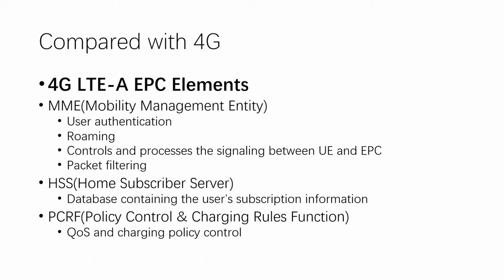The other components within the LTE 4G network are the MME, Mobility Management Entity, which supports mobile roaming, user authentication, and controls the process of the signaling between the UE, the user equipment, and the Evolved Packet Core.